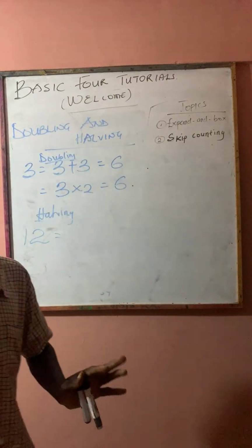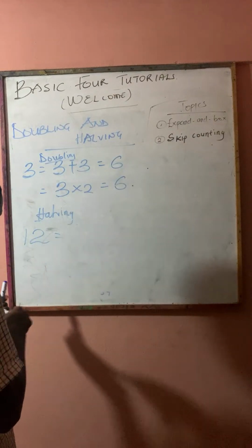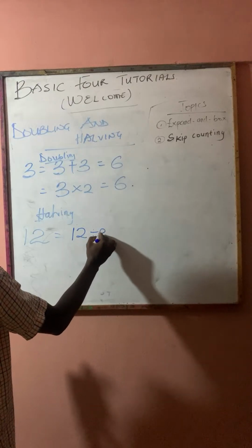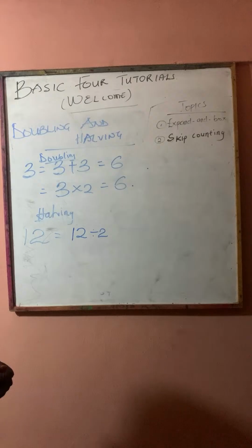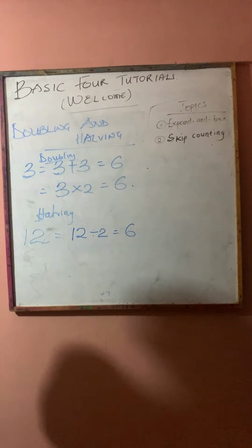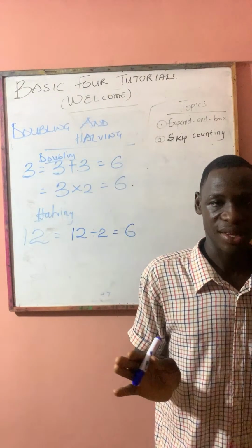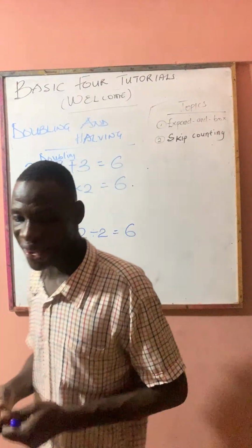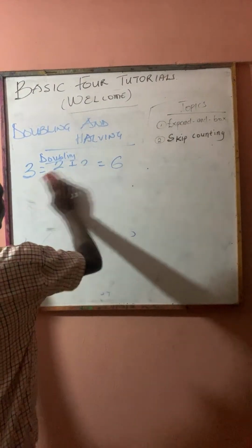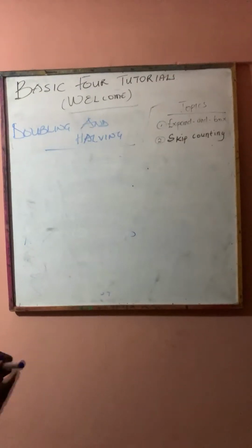It's just to divide 12 into 2 equal parts. That gives us 12 divided by 2, which is equal to 6. So the half of 12 is 6. Alright, let's take a very quick exercise on doubling and halving, so I can move on to expanded form and skip counting.